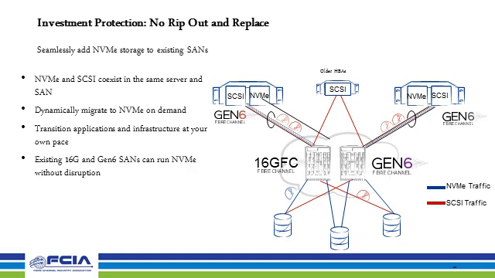In any case, once you've got an NVMe capable SAN, which you may already have, and an NVMe capable infrastructure, then you can run both FC-SCSI and FC-NVMe on that same infrastructure at the same time. You can have applications that have some volumes mapped onto SCSI LUNs and other volumes mapped onto FC-NVMe namespace IDs.